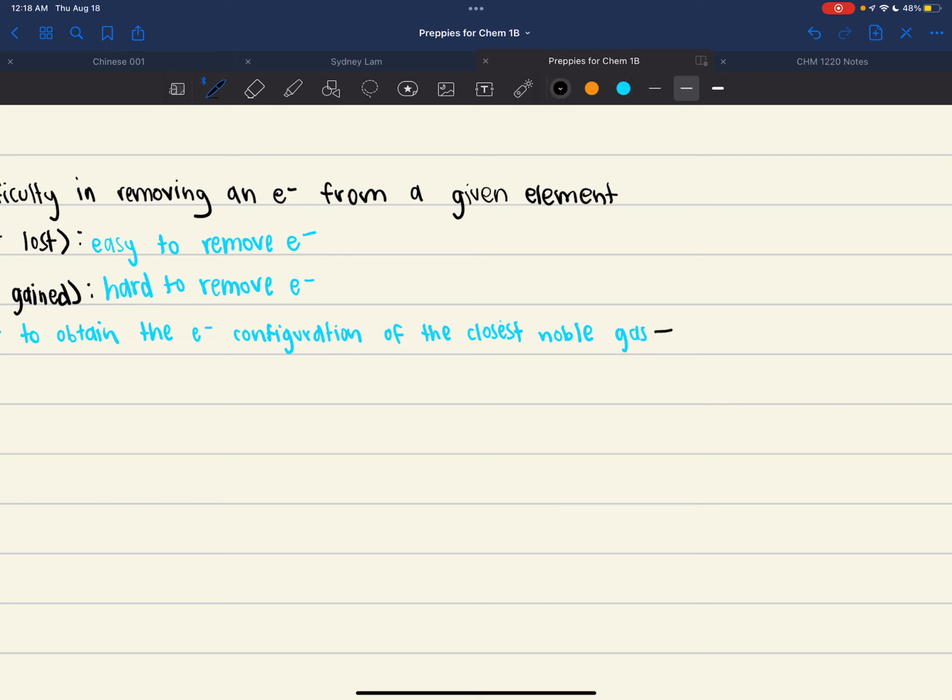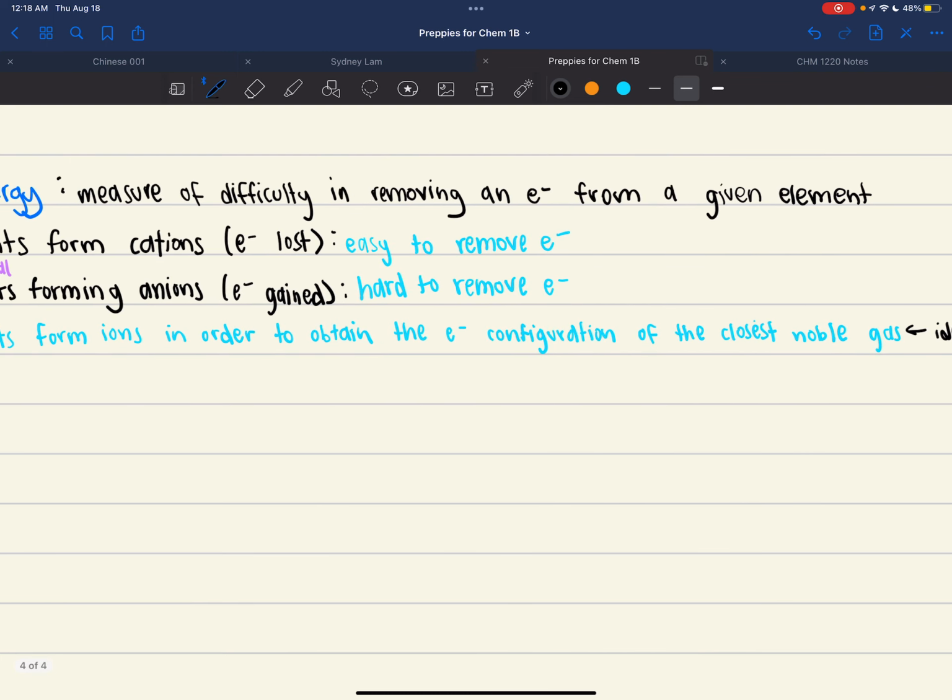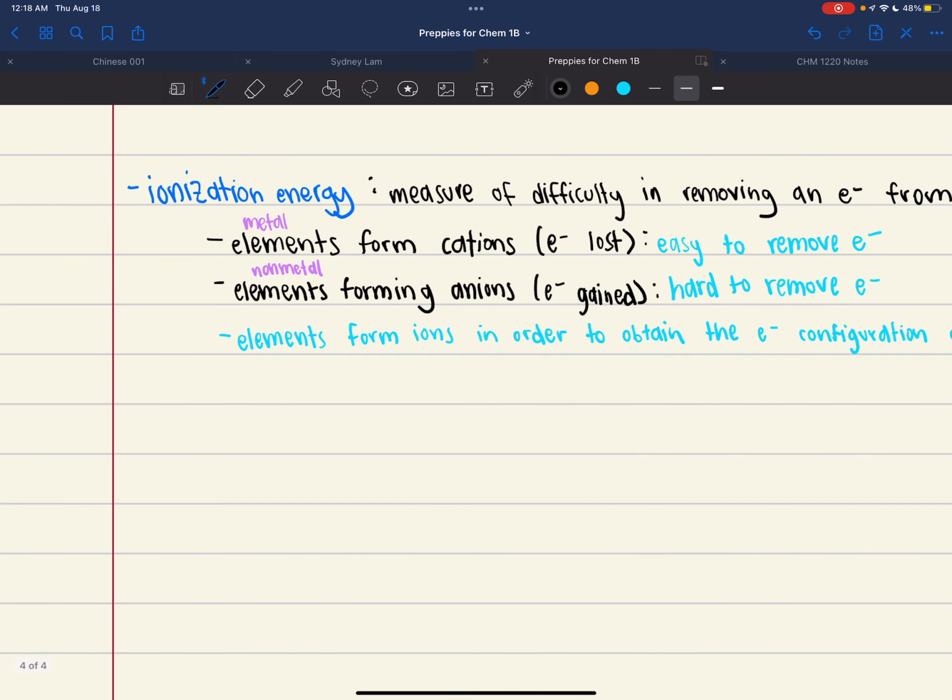And this is ideal for every element except for noble gases, because they're already at the ideal, so they don't have to do anything.